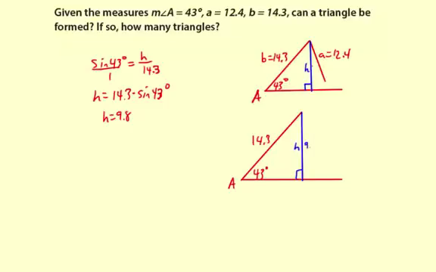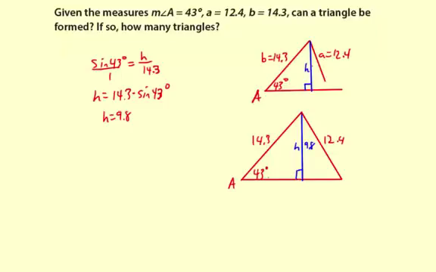So the h was 9.8, and the a is 12.4. So that means maybe it'll come down like this. So here's what we have so far. We have this one triangle for sure.